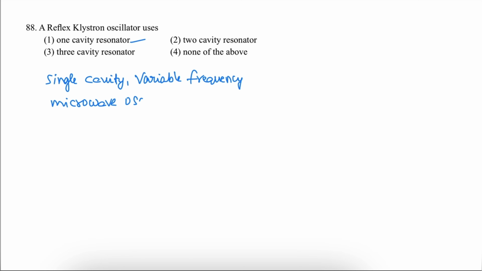It generates microwaves of low power and low efficiency. The output power of reflex klystron is low and the efficiency of reflex klystron is also low. So reflex klystron is a single cavity variable frequency microwave oscillator or microwave generator of low power and low efficiency.